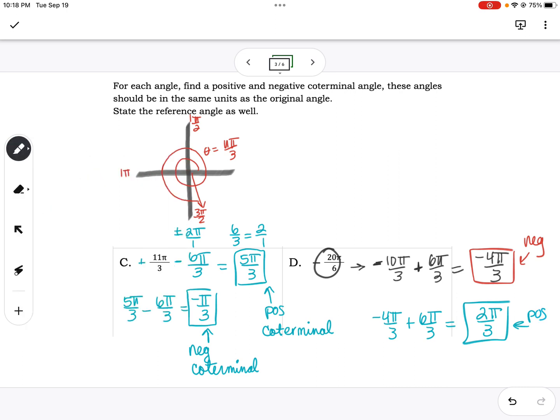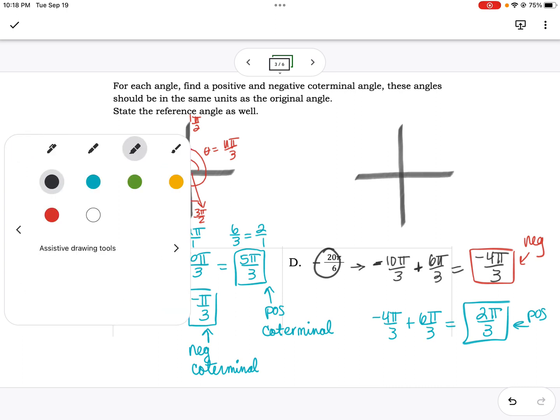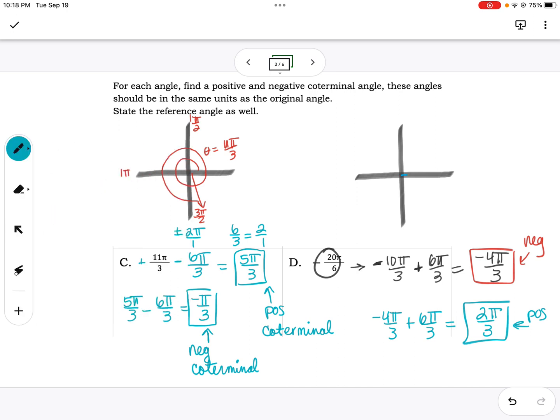But again, I still want to make sure I'm drawing that angle. Okay, so to draw that angle in, here's my initial side. So I've got to go all the way around once, 6 pi over 3, and then I still need to go negative 4/3. So that means I need to go 1 1/3.